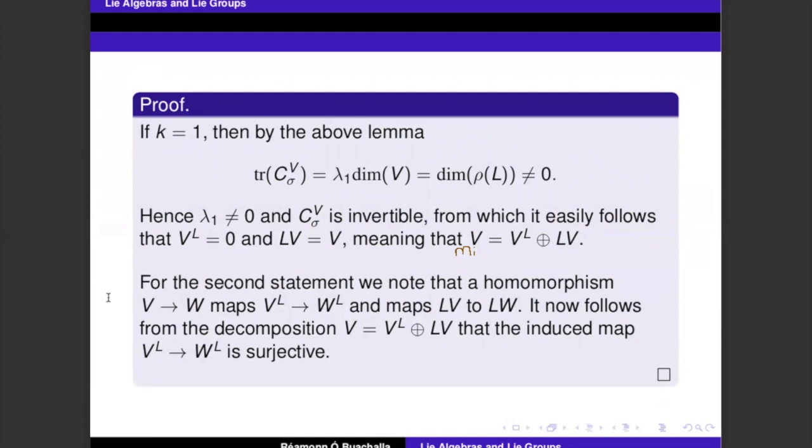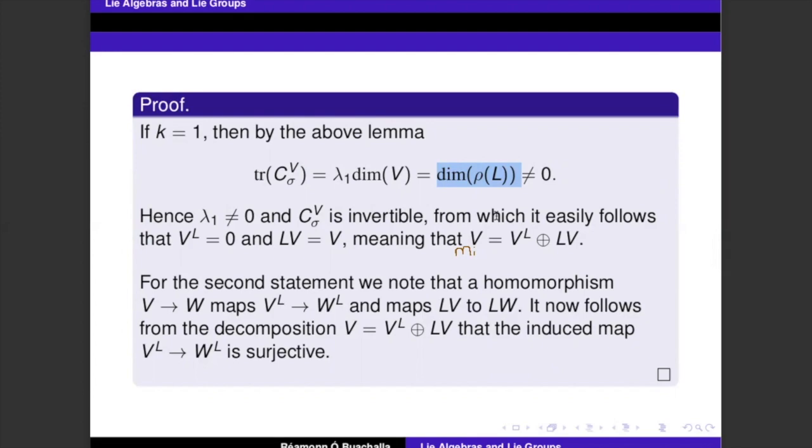Okay, so if k is equal to 1, then by the above lemma, we know that the trace is equal to the dimension. Remember that no matter what the representation of the Lie algebra was, no matter what the dimension of the representation was, or what the bilinear form was, the trace of the associated Casimir was always equal to the dimension of the Lie algebra itself.